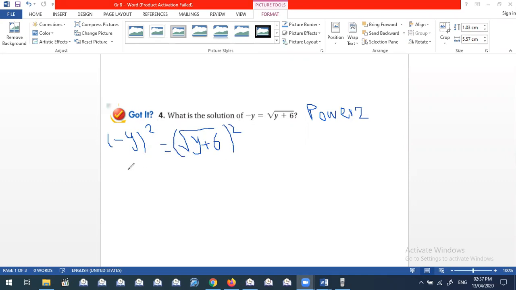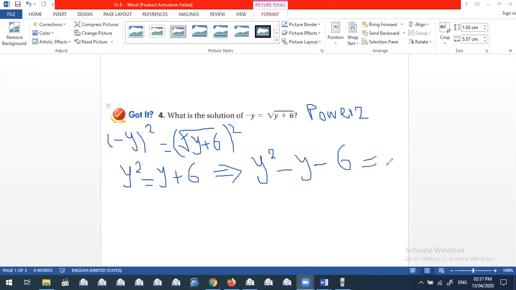So it will be like that. Y squared equals, canceling the square root, y plus 6. Make it a zero equation. So it will be y squared minus y minus 6 equals 0.